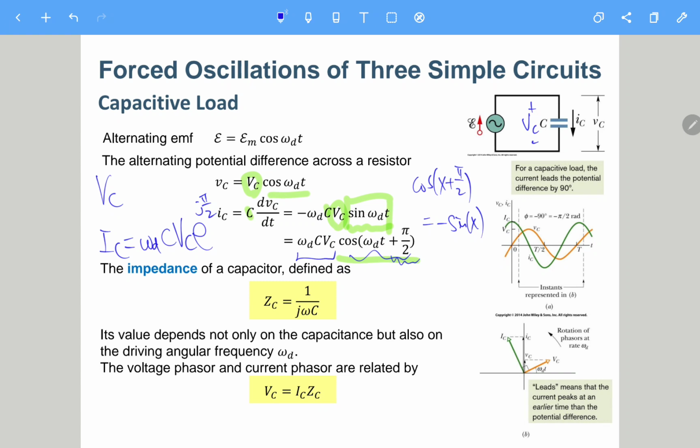We change it to a complex number using this phase and the amplitude. This pi over 2 goes to here, and this is the amplitude.